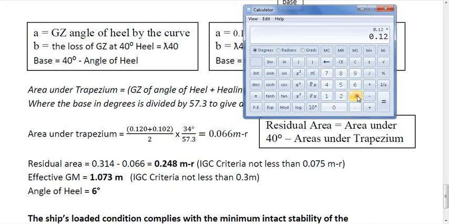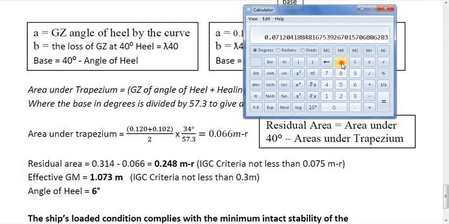We convert this to meter radian by dividing by 57.3 degrees per radian.